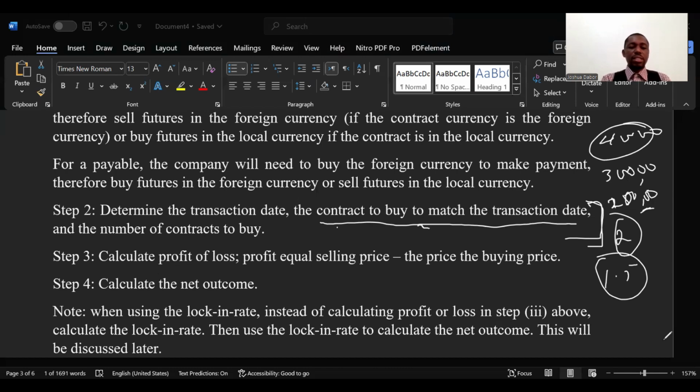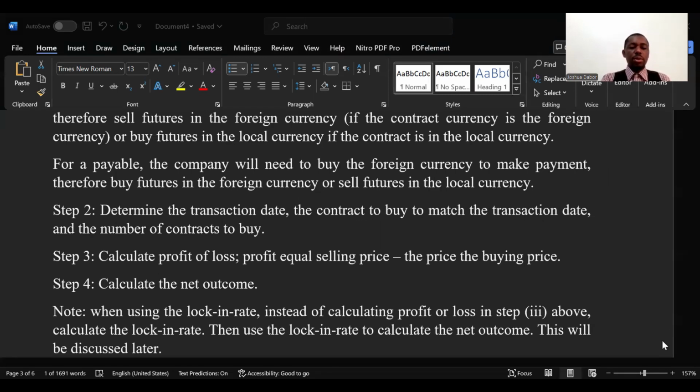Then the final step is step 3. It's either you use the lock-in rates. If you are not using the lock-in rates, then it means that you need to do what? Calculate profit or loss. While step 4 is just to get what? The net outcome. Okay, so let me read the notes down here.